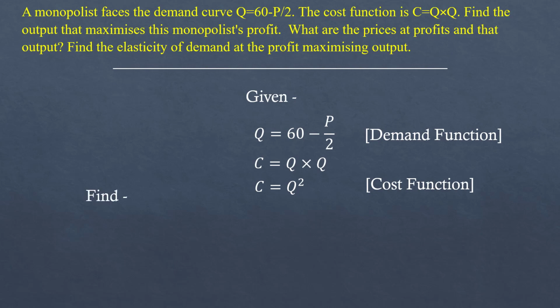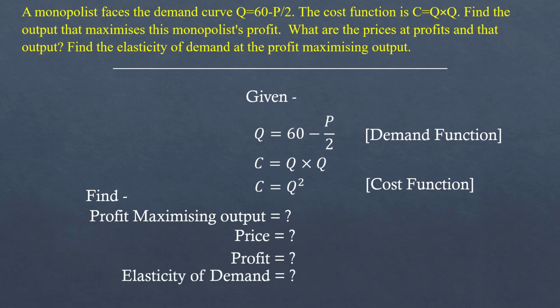Okay. Let us state the values we have to calculate: profit maximizing output, price, profit, elasticity of demand. After stating all these things, think of the steps that you have to follow in finding a solution.